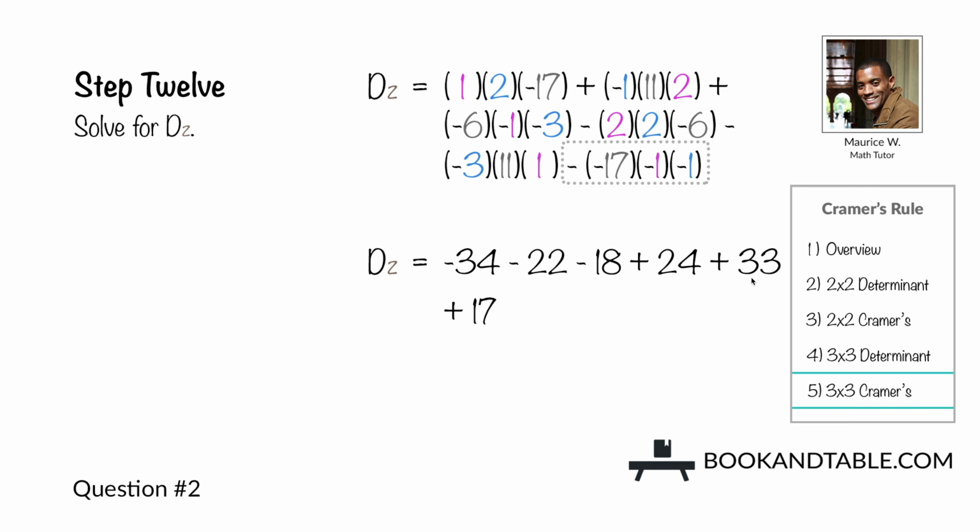Negative 1 times negative 17 is 17, times negative 1 is negative 17, times negative 1 is positive 17.